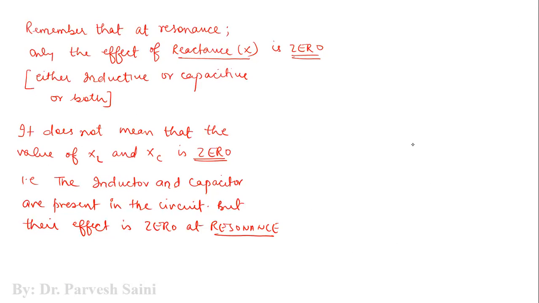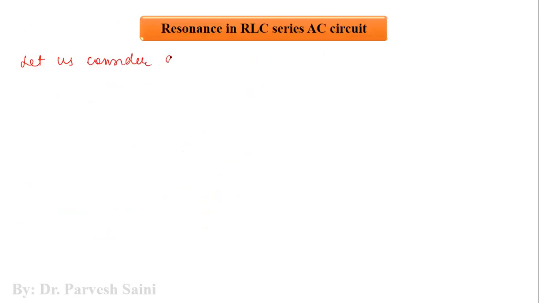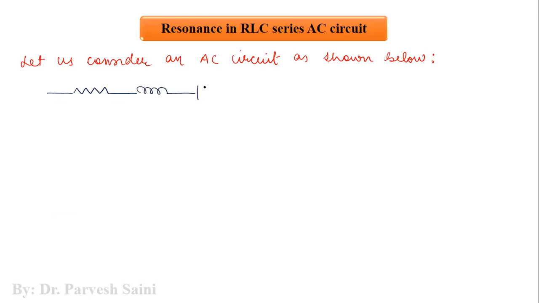Now, this is some minor introduction about the resonance in AC circuit, as shown below. So we have a circuitry here in which we have a resistance, an inductor, and a capacitor connected in series with one another across an AC source.